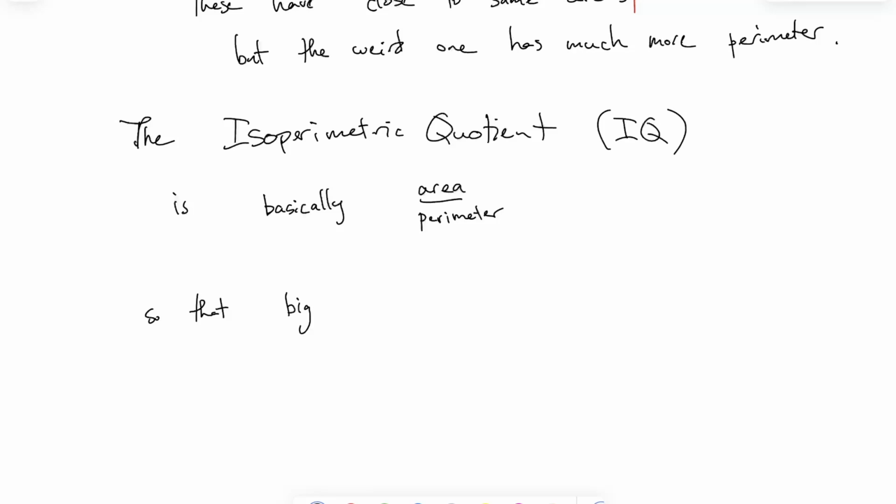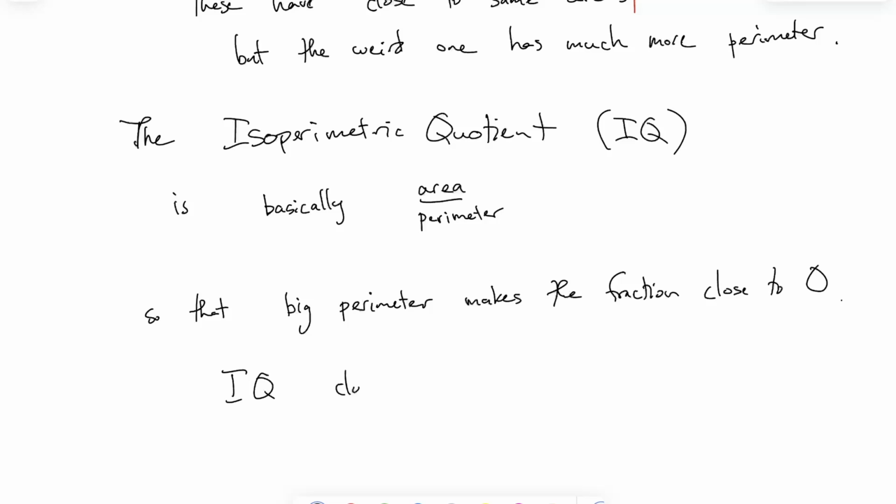So a big perimeter makes the fraction close to 0. And so it's just like the convex hull ratio. When the fraction is close to 0, the IQ being close to 0 is bad. That means that your shape has way too much perimeter, which means it must be some kind of wiggly, wormy shape.